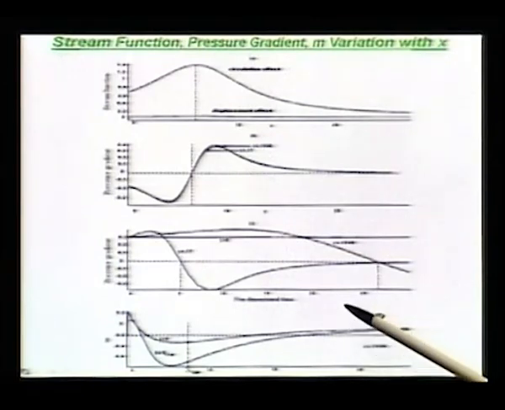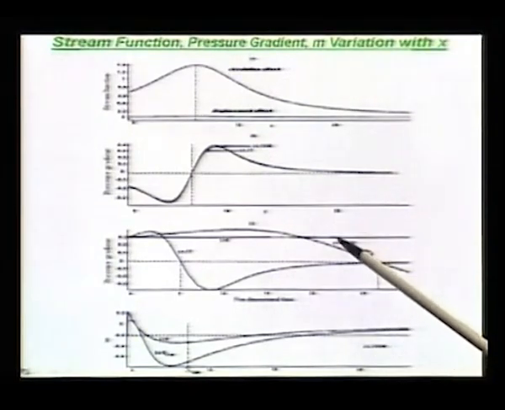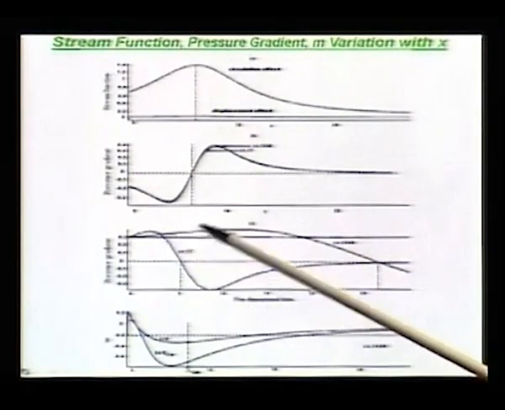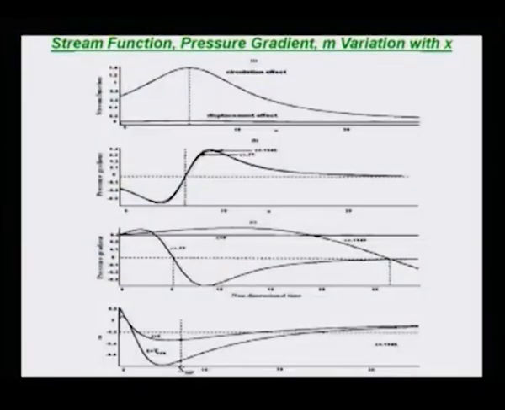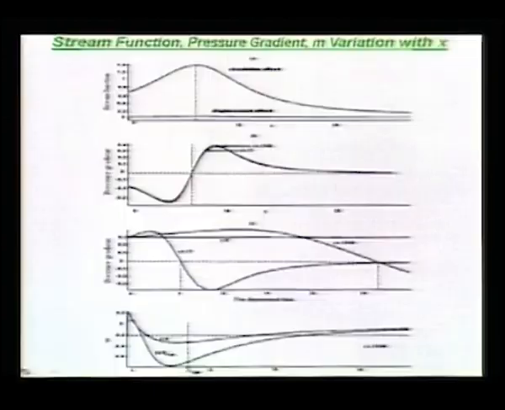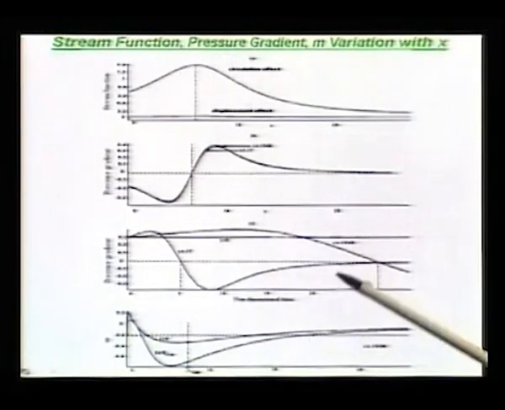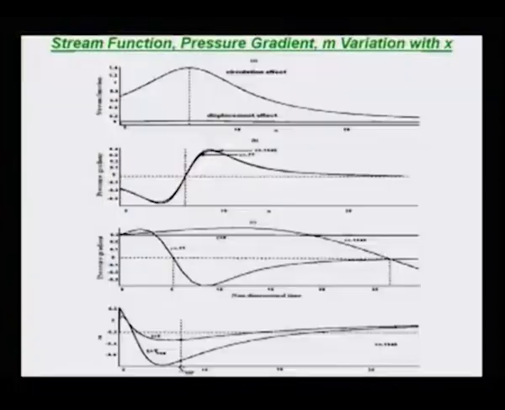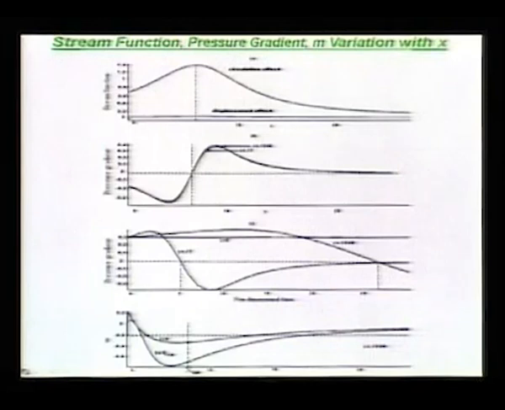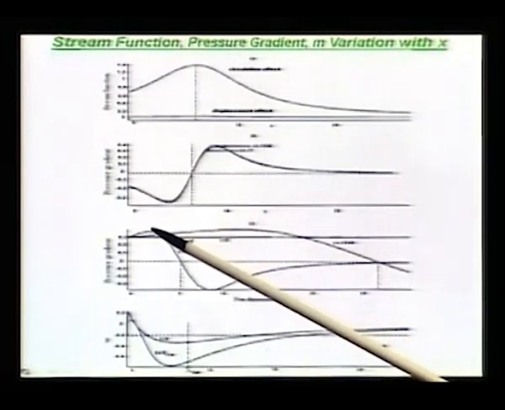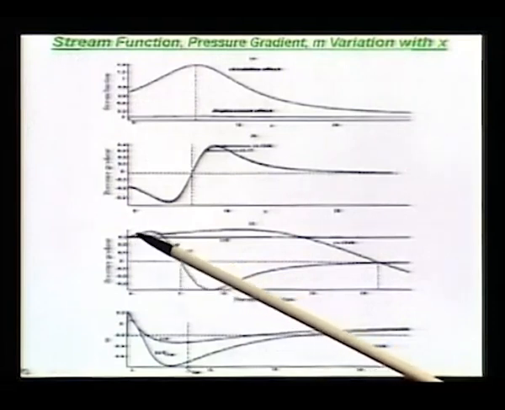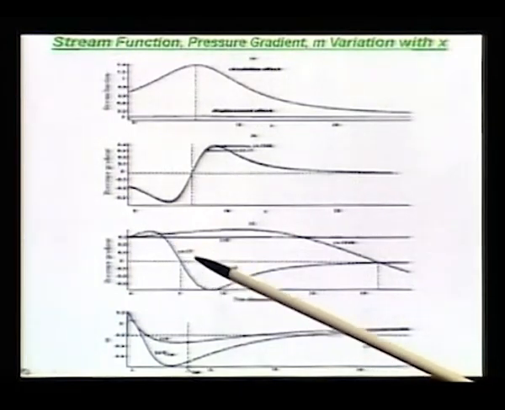Now, you look at this case. This top figure corresponds to the case of C equal to 0.1545, whereas this curve corresponds to C equal to 0.77. Now, what you notice is that the maximum magnitude of the adverse pressure gradient is more for the 0.77 case, but it becomes favorable after a short time.